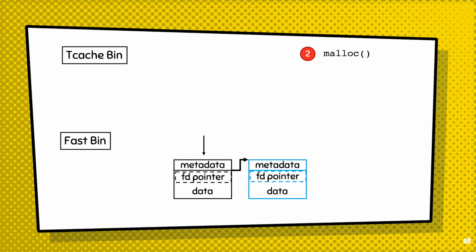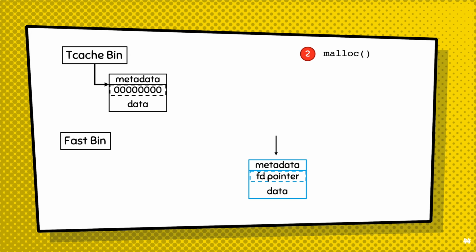Actually, this is composed of 2 small steps. The first one is to move the pointer from the current chunk to the next one. And then the next one is to move the black chunk from Fastbin to T-cache bin. This process will repeat until there are no more chunks to move from Fastbin to T-cache bin or the T-cache bin is full. To be clear, let me write down this process here in the slide.